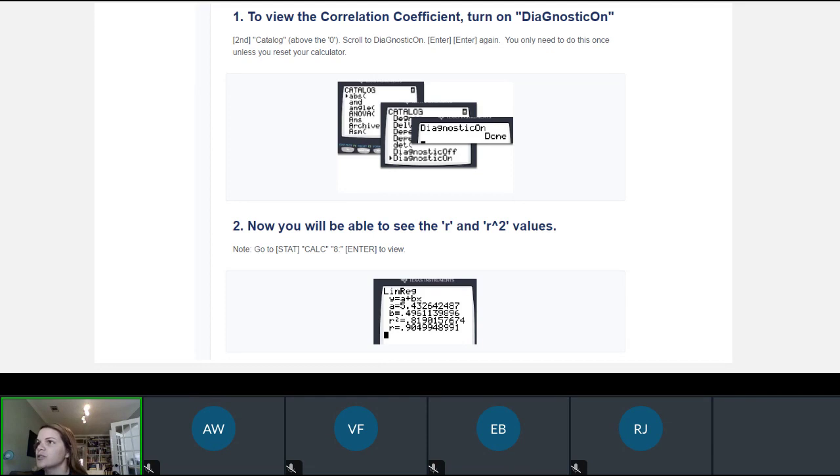You're going to hit the second button on your calculator and then hit 0. It'll bring up a catalog. You're going to scroll down until you get to the letter D, and you're looking for diagnostic on. Hit enter 2 times until it says done.